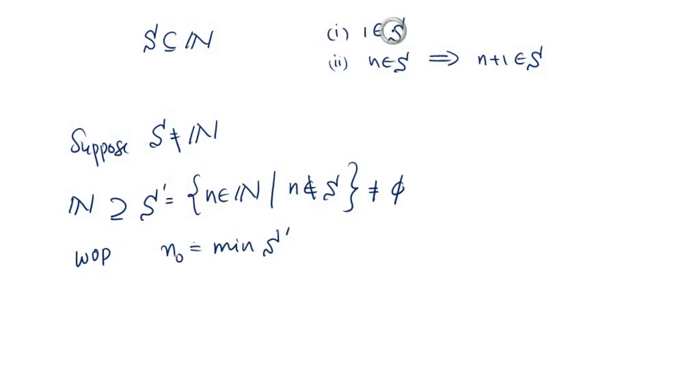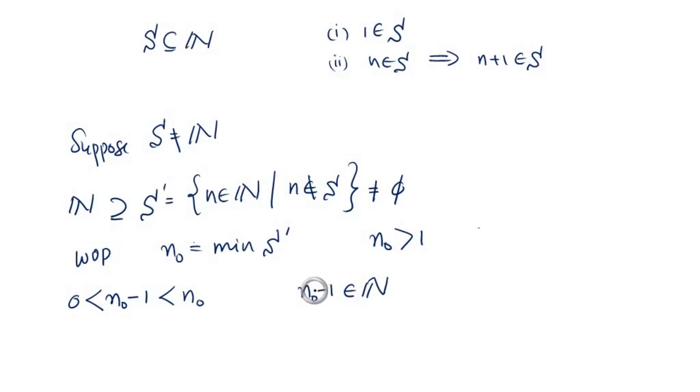And because 1 belongs to S, this minimum cannot be equal to 1. Now, if we consider n0 minus 1, because n0 minus 1 is less than n0 and greater than 0, it is an integer, it is a natural number which does not belong to this set.